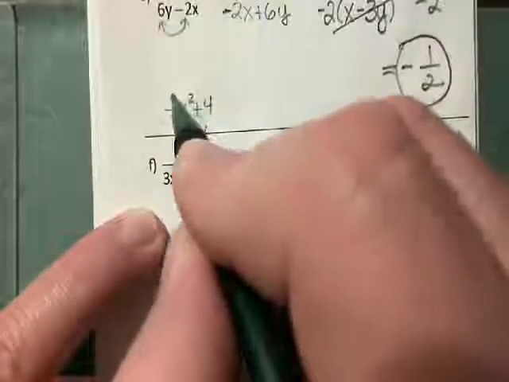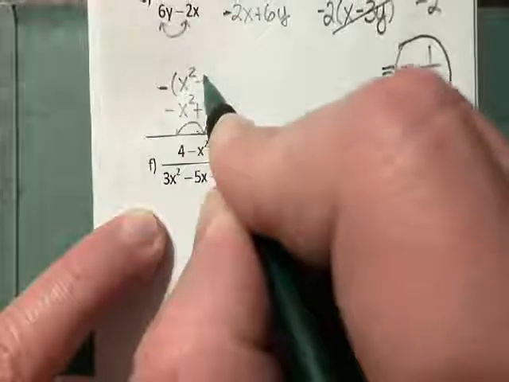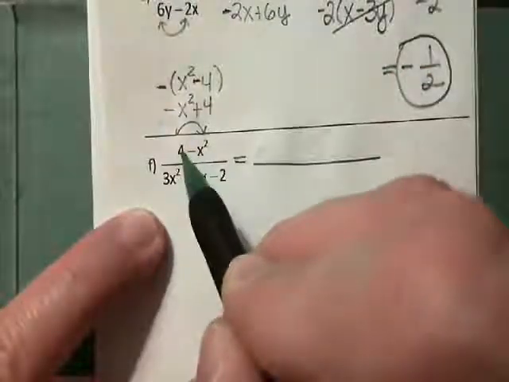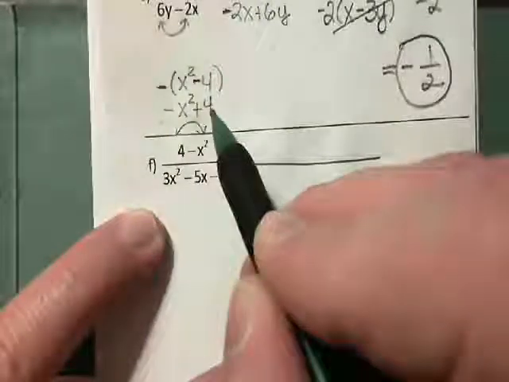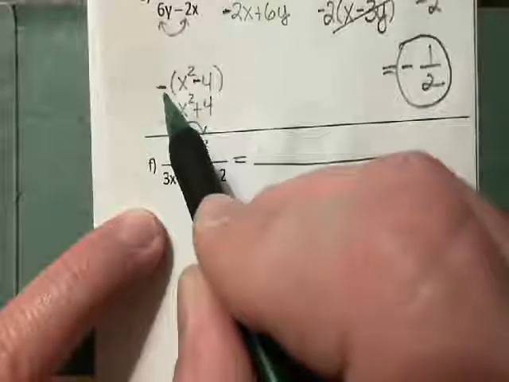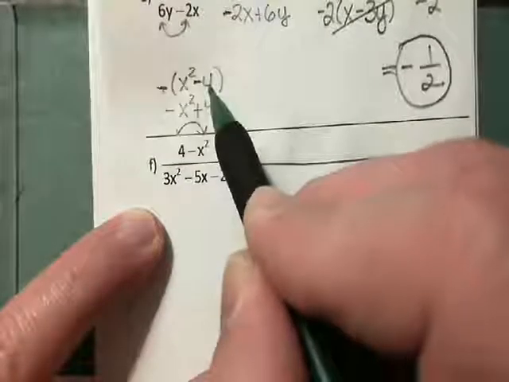Okay, and basically that's going to give me negative x squared minus 4. So basically I switched these two around, got negative x squared plus 4. I don't like this negative here, so I factor out the negative, so negative x squared divided by negative is x squared. Positive 4 divided by negative is negative 4.